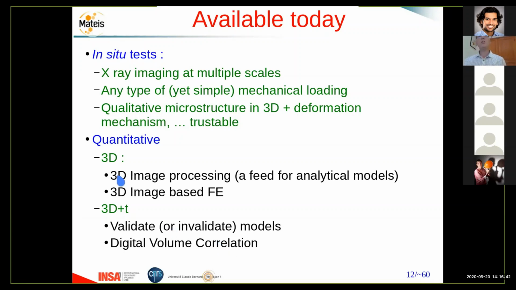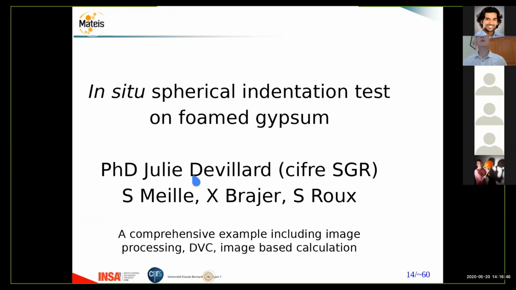Plasterboard. It's the PhD study of Julie de Villard. She defended 6 months ago, something like this. And it's a study that was commissioned by Saint-Gobain Recherche. And Saint-Gobain is the biggest selling company in France of plasterboard, gypsum.